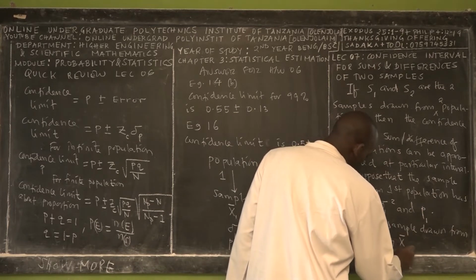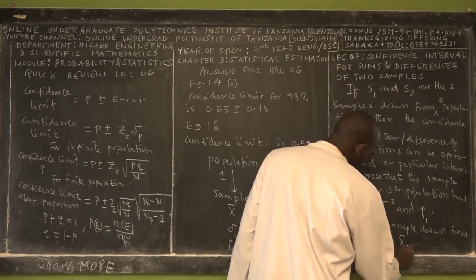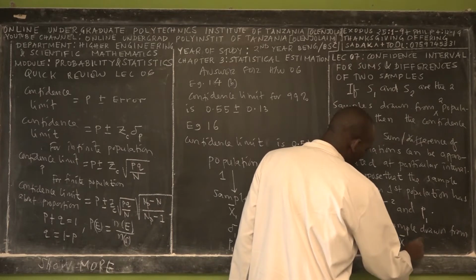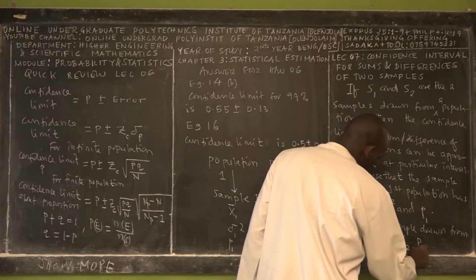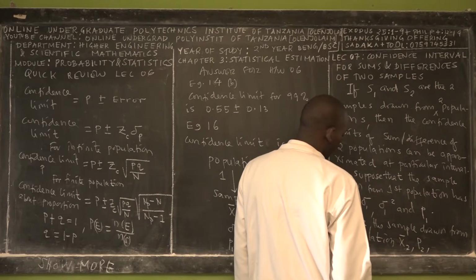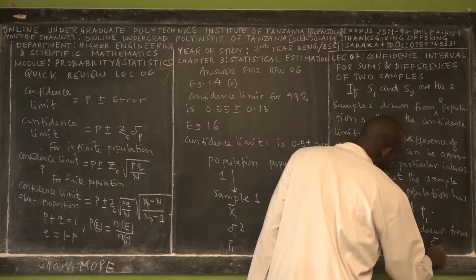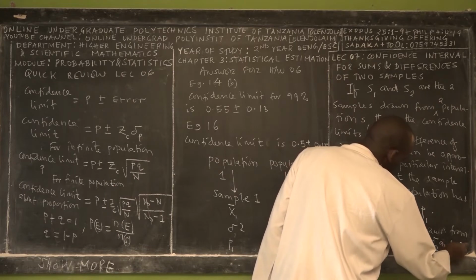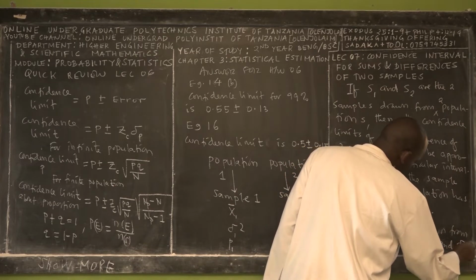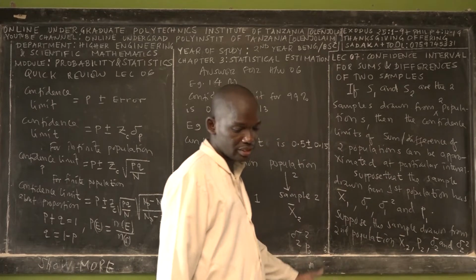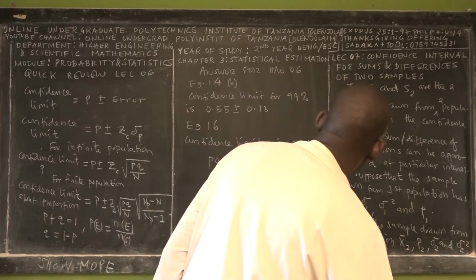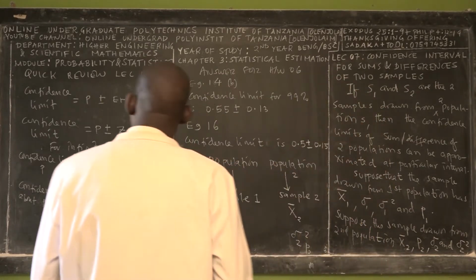So you have statistical mean 2, proportion 2, standard deviation 2, and the variance 2. At this point you have to remember this, as great mathematicians.